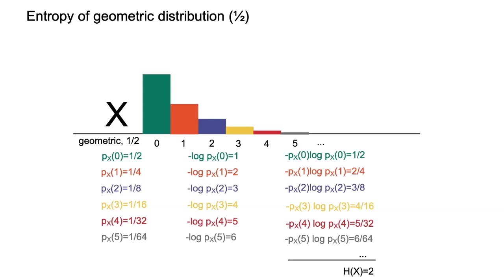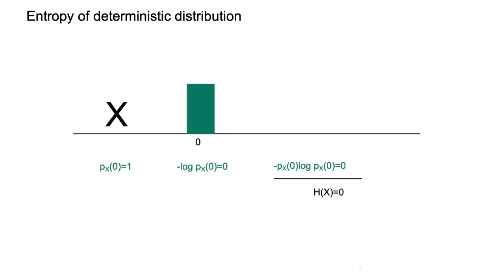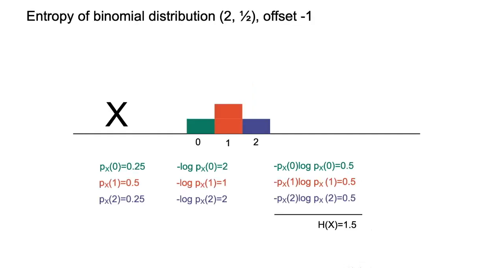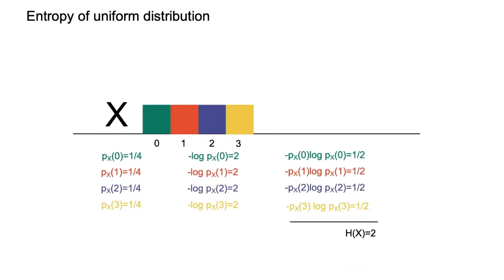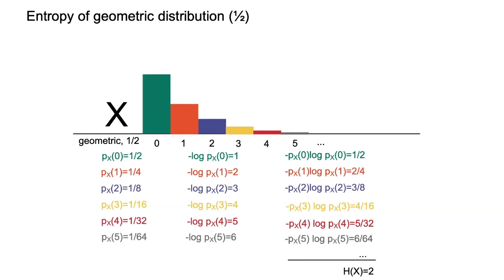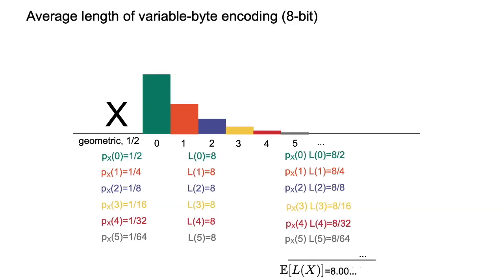So I just continue doing the same thing. I'm just picking examples here. So here I computed the entropy, right? The entropy when it's deterministic, the entropy when it's binomial, the entropy when it's uniform, the entropy when it's geometric. Now, if I have an encoding, that encoding can be used to encode an integer, and I can look in particular at the length of the encoding for every integer.